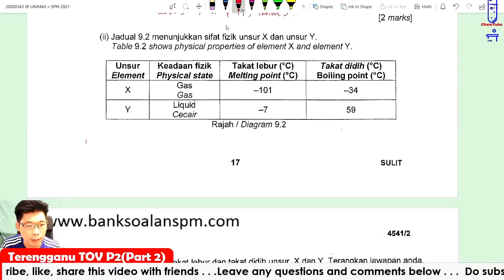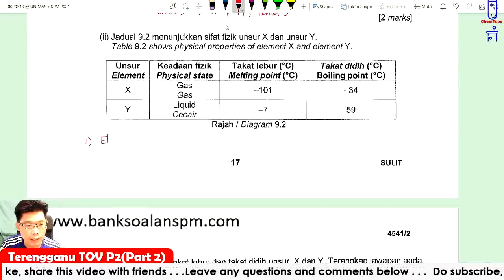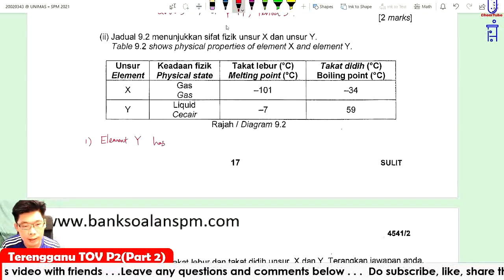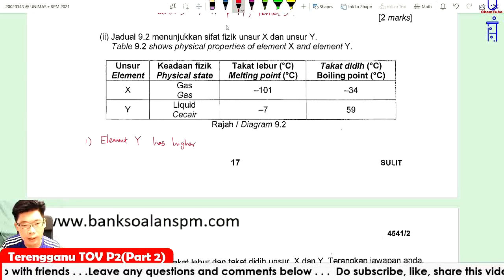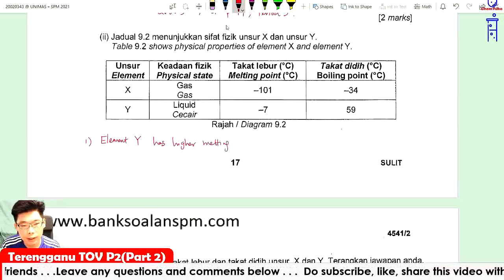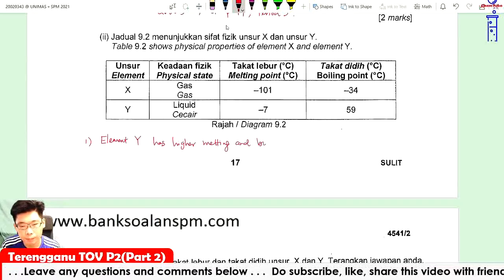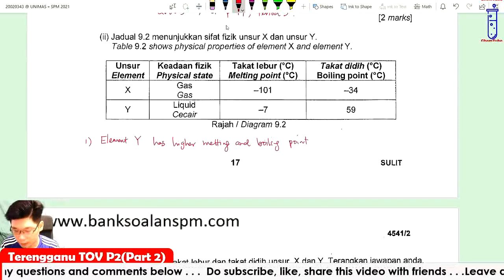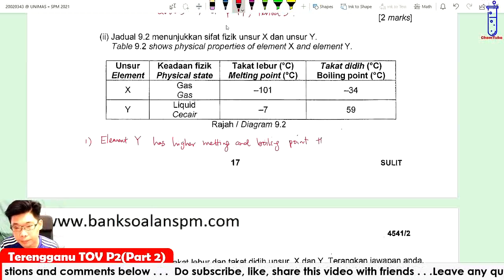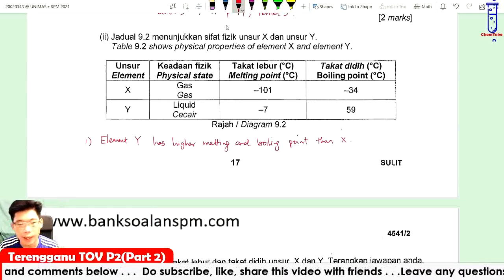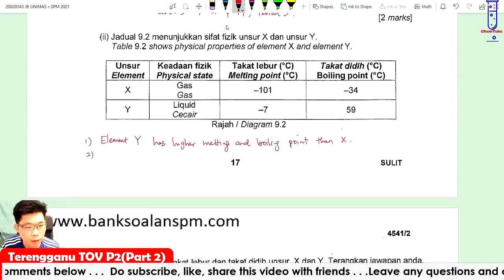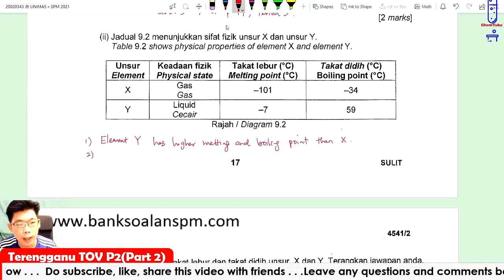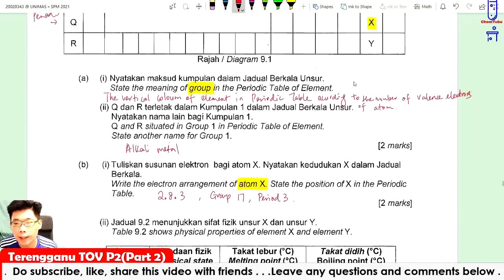Point number 1: element Y has higher melting and boiling point than element X.